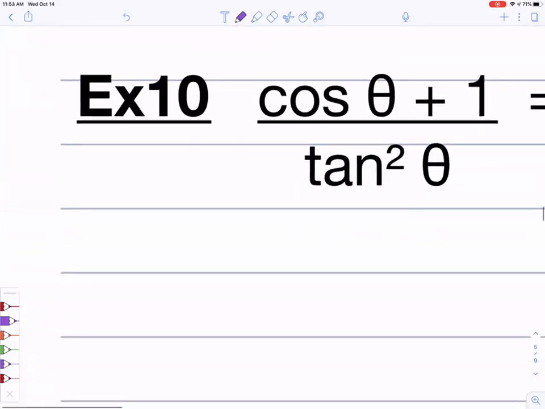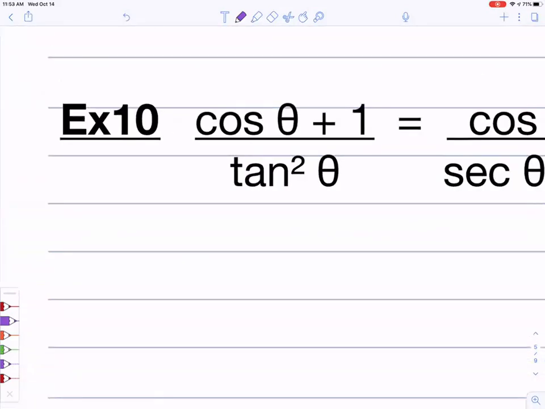So take a look at the numerator. What's the conjugate of the numerator? I know I'm making you remember something from Math 110. What's the conjugate of the numerator? Yeah, cosine minus 1. So you remember conjugates are where you take the first piece, leave it alone. The second piece, you negate it.